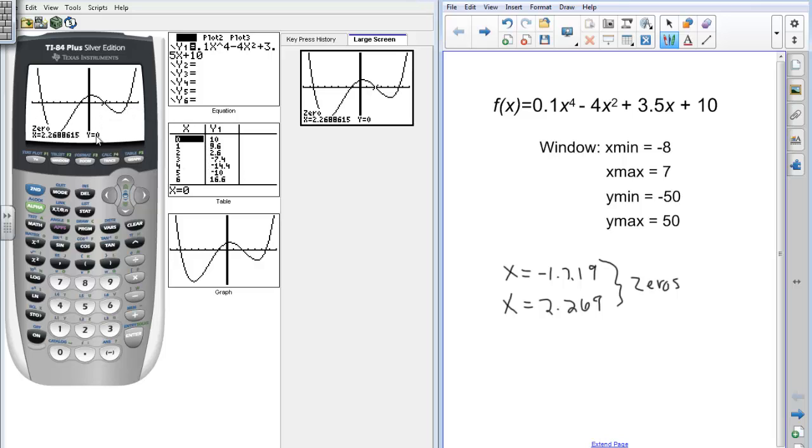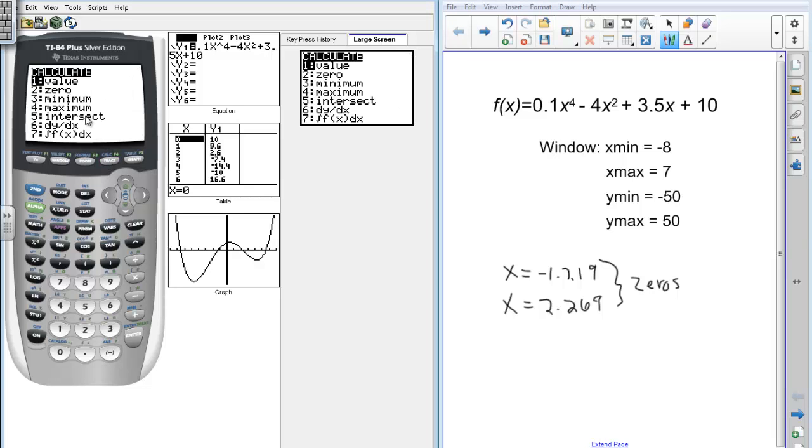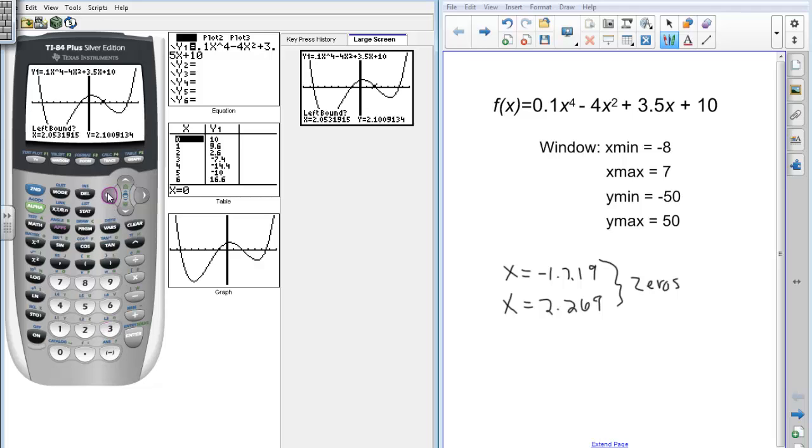The other thing I want to be able to do is find maxes and mins. If I find this one and this one, we can find some intervals of increasing and decreasing. To find a minimum, we go here and it's number 3. So let's hit 3. And again, I want to go to the left and right of that minimum value.